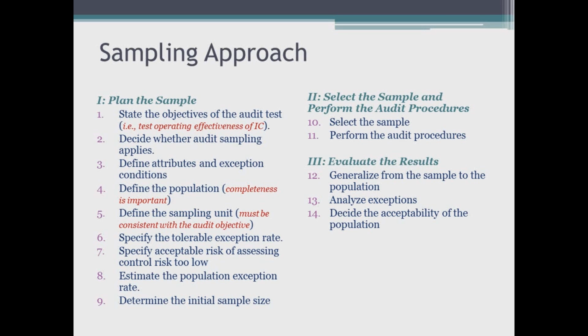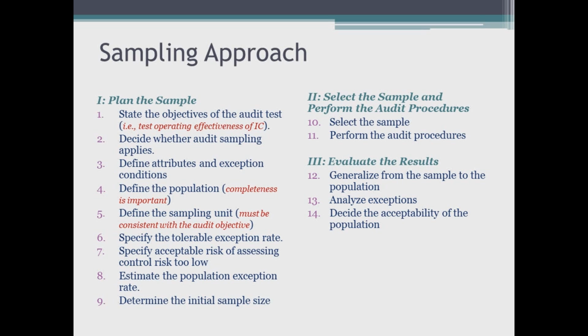Then once you've decided whether or not audit sampling applies, so let's say you're testing occurrence, you know that you can use sampling procedures to test the occurrence assertion. Define your attributes and the exception conditions. So what are your attributes? Your attributes are going to be those things that you're trying to test.